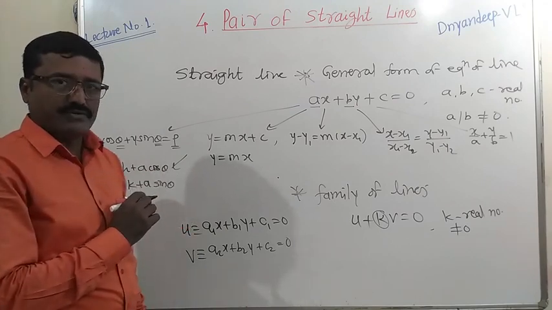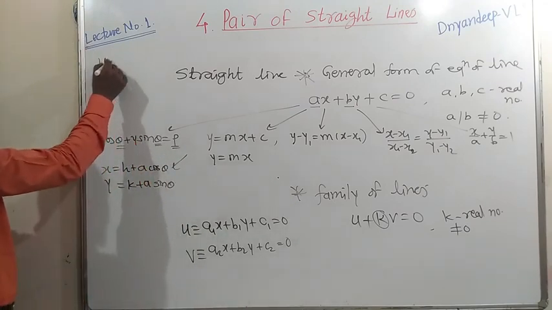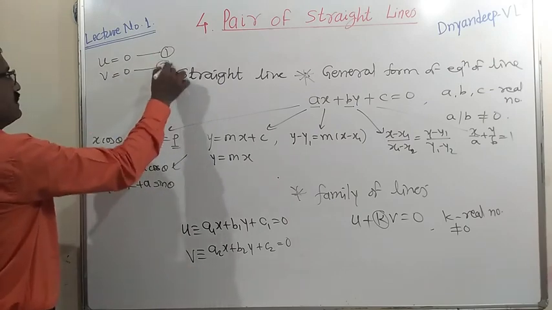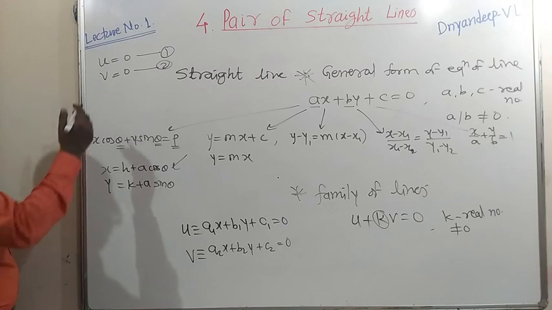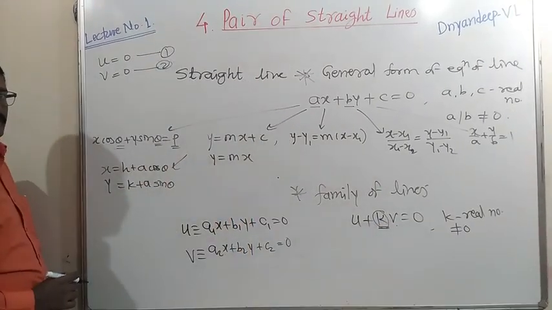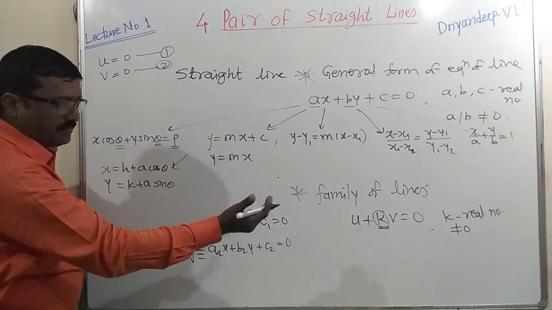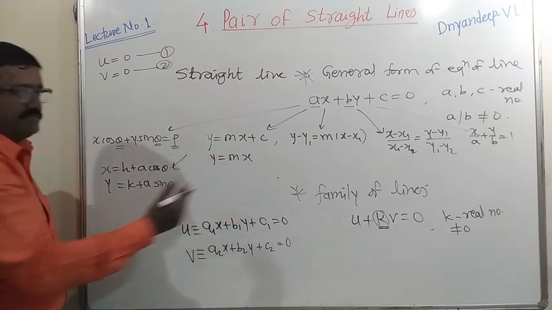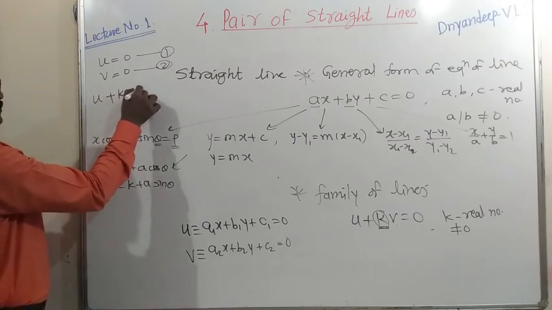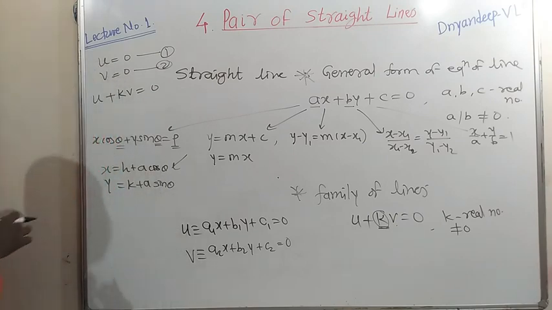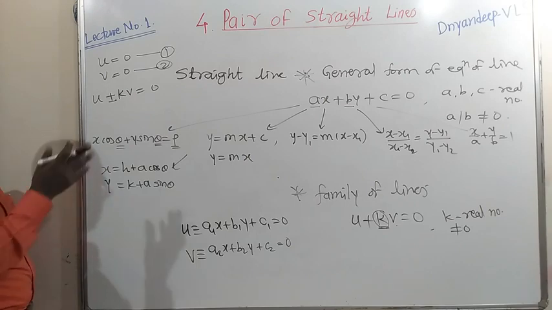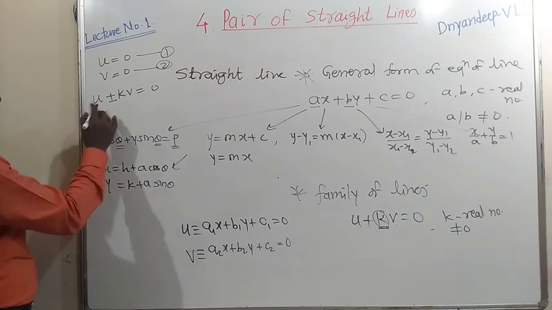If you observe this equation of family of lines, whenever u equal to 0 and v equal to 0, these two lines are given. Then the sum of two lines or difference of two lines, where k is a multiple of the line v. So we have taken the multiple of one line and added that to the second line. So u plus kv equal to 0 is nothing but the sum of these two linear equations or the difference of these two equations, because if you take a negative sign here, there is no difference in that equation.